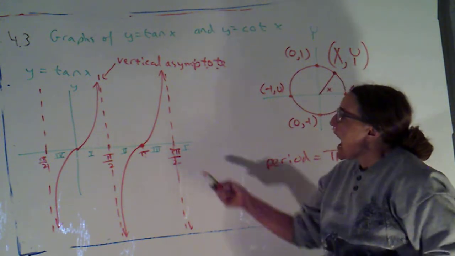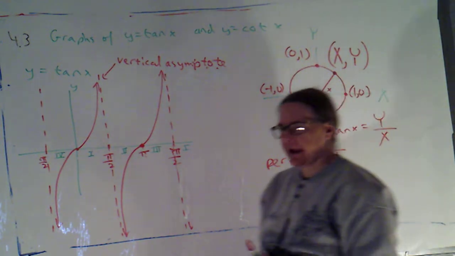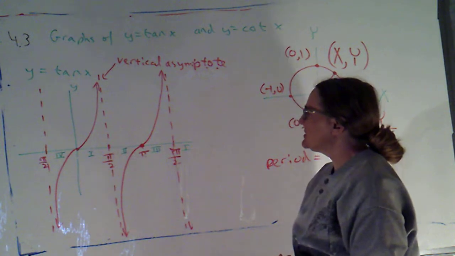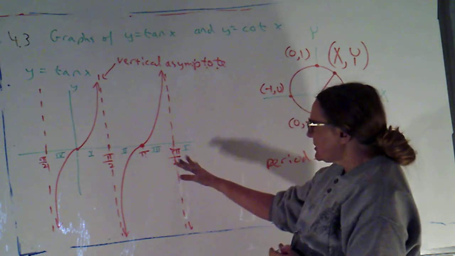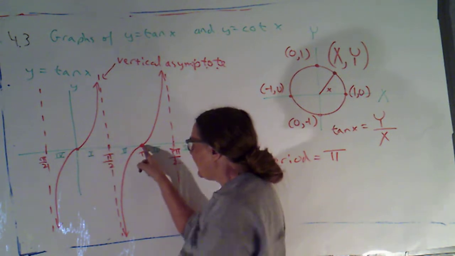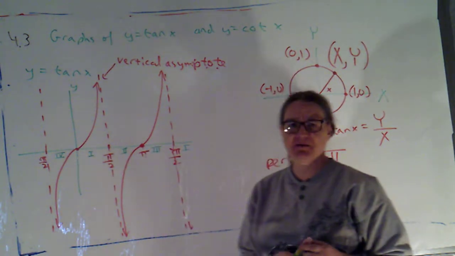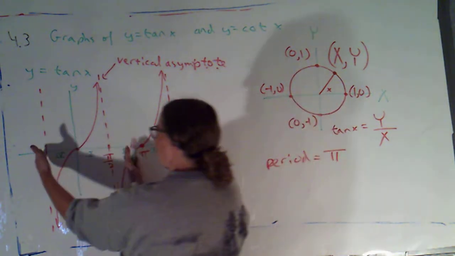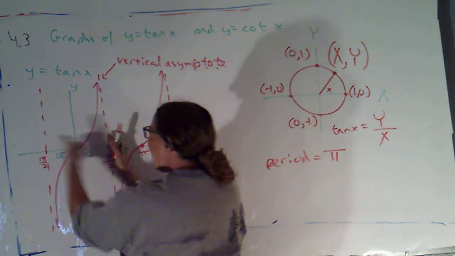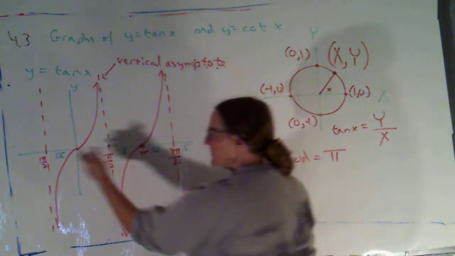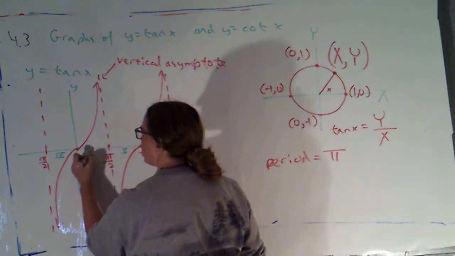I can improve upon my graph just a little bit, and that's going to be important as we move on to transformations. Right now, just plotting the quadrantal angles, I end up with just plotting 1 point in between each set of asymptotes. We can improve upon that a little bit. If we view this as our starting and our ending point, I'd kind of like to have 3 points in there. So at least for this one, I'm going to plot a couple of extra points.